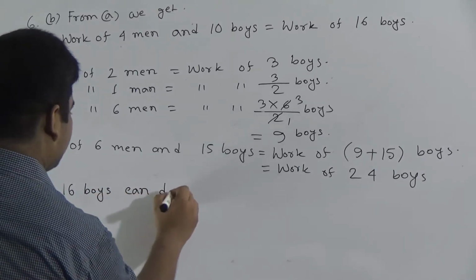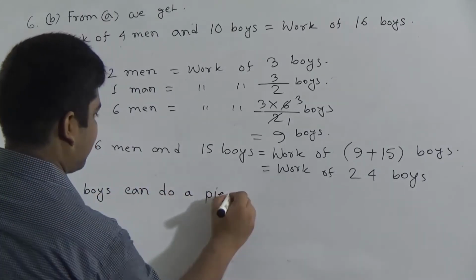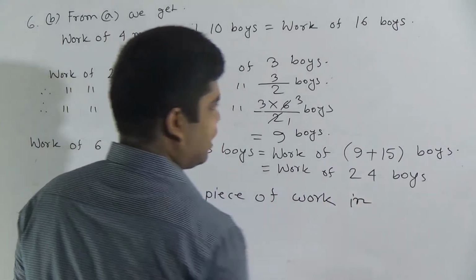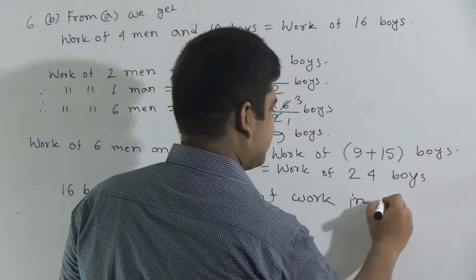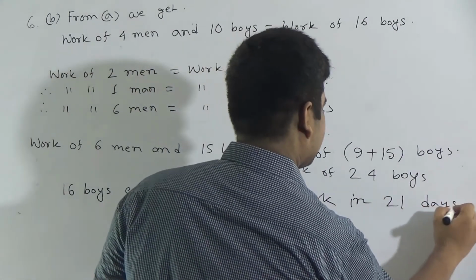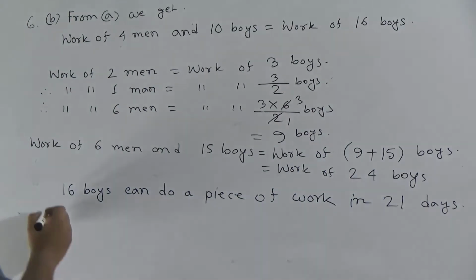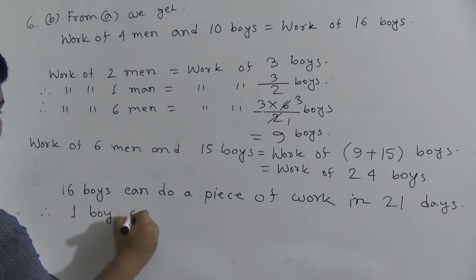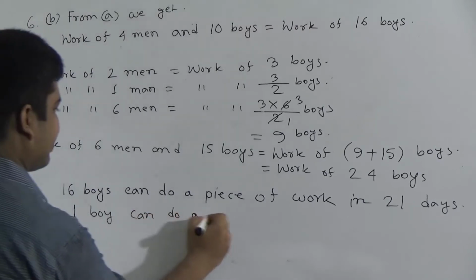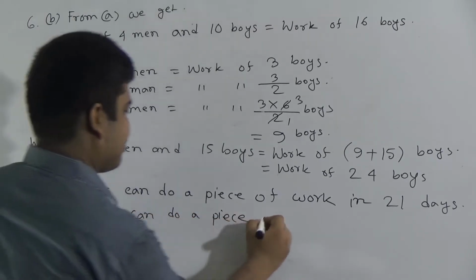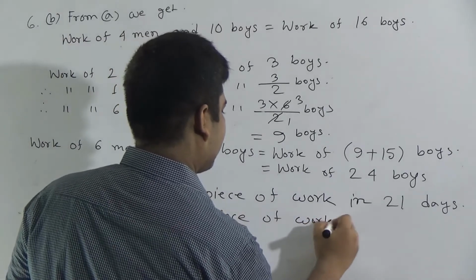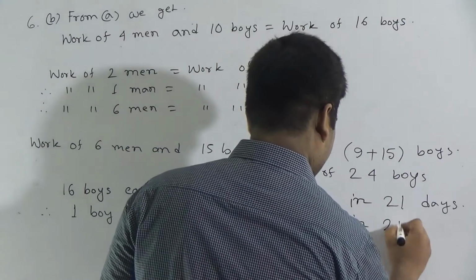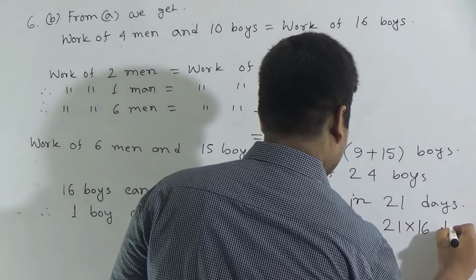Now write 16 boys can do a piece of work in 21 days. After that we write 1 boy can do a piece of work in 21 multiplied by 16 days.